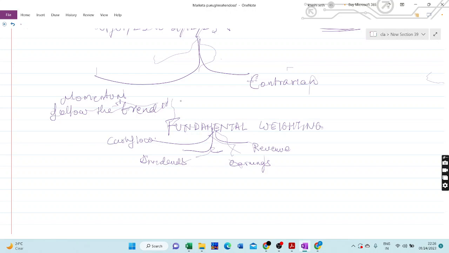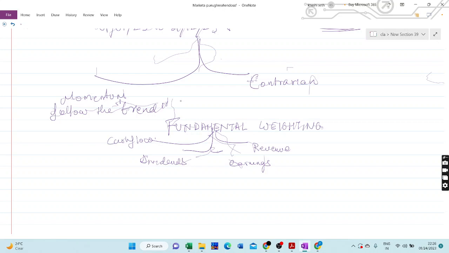So please note this down. This is an important point. Fundamental weighted index is unaffected by the price of the security, unlike price weighted index and market cap weighted index.